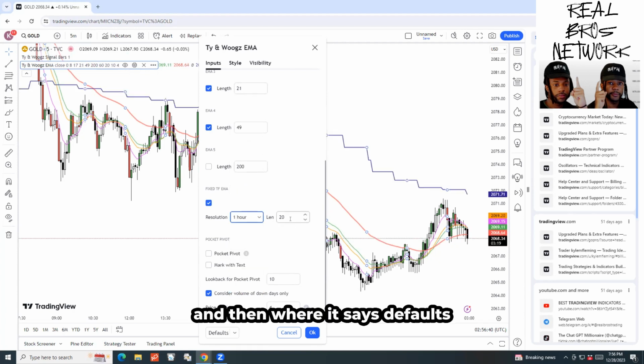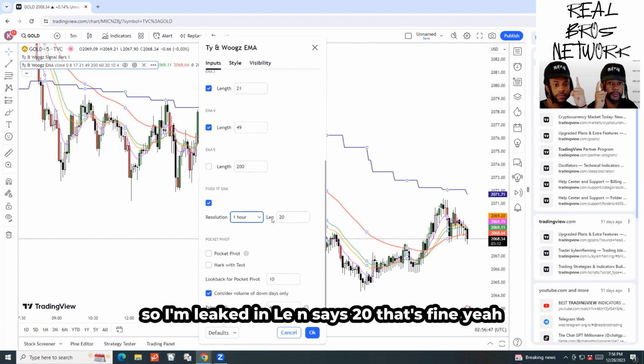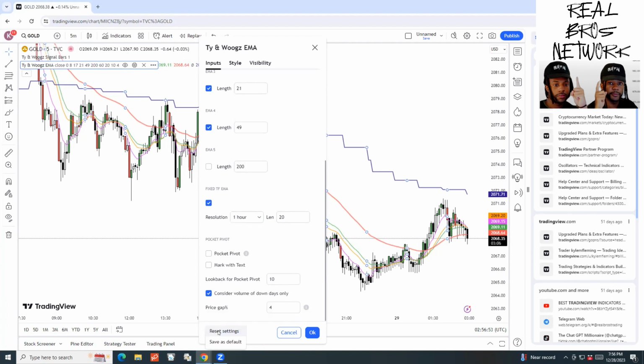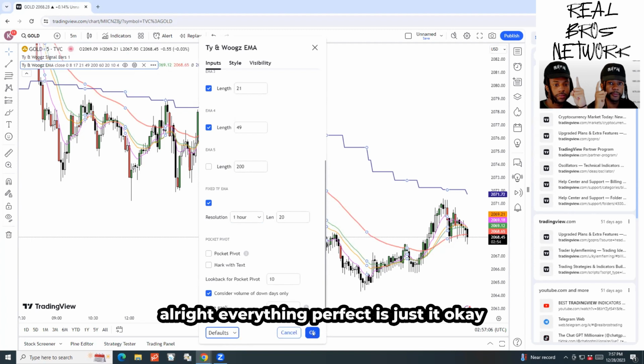And then where it says defaults, click on the defaults button. And LEN says 20. That's fine. Yeah, that's perfect. Click that, save as default. Yeah, save as default. All right, everything's perfect. Just hit okay.